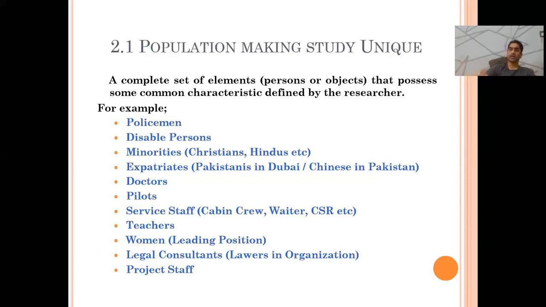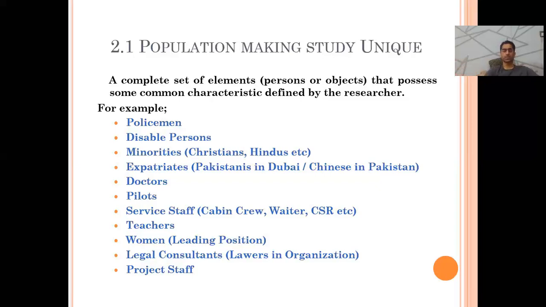Their loyalty or their emotional attachment with the organization, that can be an issue. If I'm working in a state bank or in any utility providing organization in Pakistan, my utmost sincerity can be with my organization, because though organization is taking care of my bread and butter, yet I feel I can also deliver good services to the common person, the citizen of Pakistan.